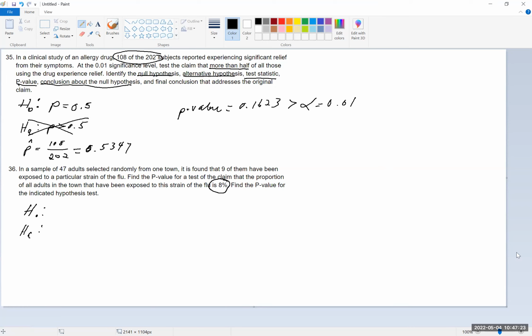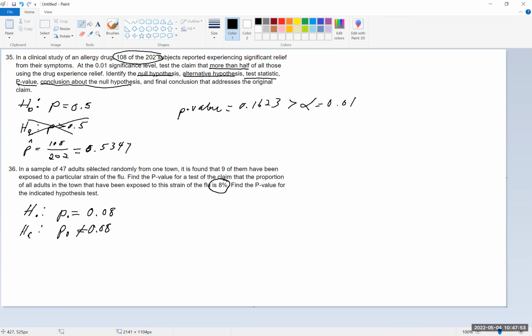That's the null hypothesis. So the proportion is, and they're using p0, so we'll use p0, 0.08. So the alternative is that p0 is not equal to 0.08.